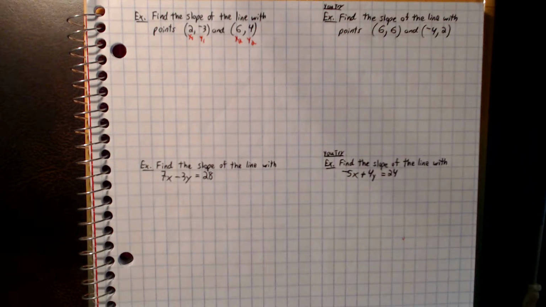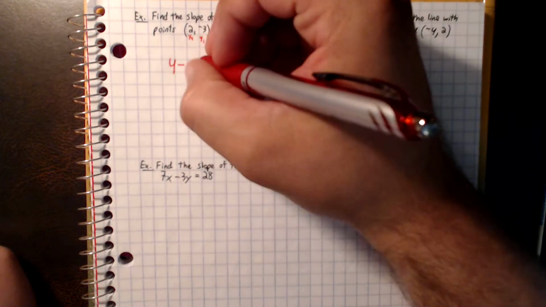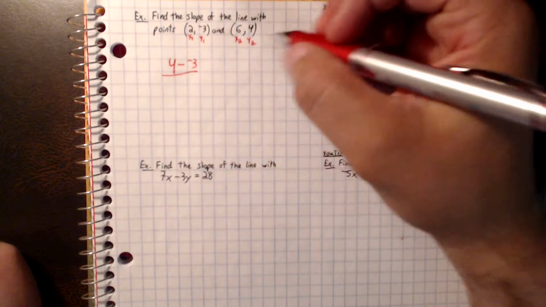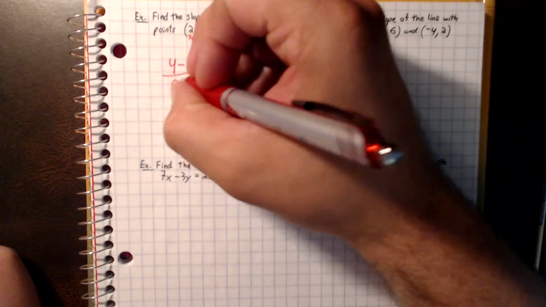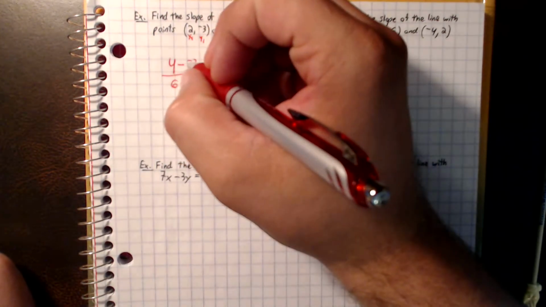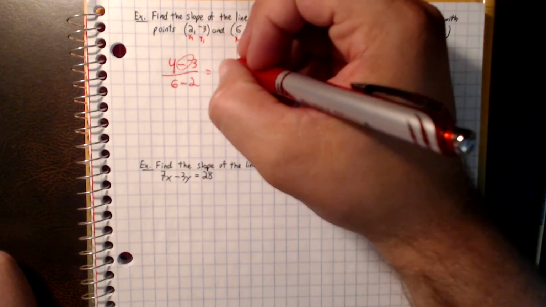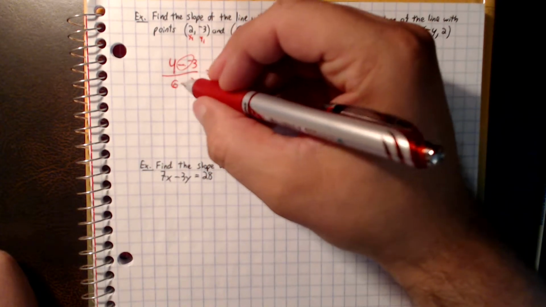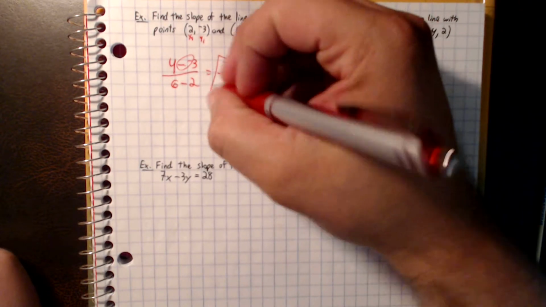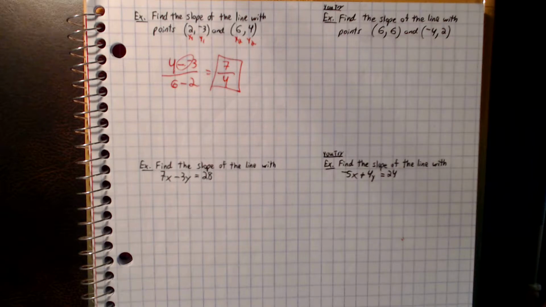It says take y2, which here is 4, subtract y1, which here is -3, and then we're going to do x2, which is 6, minus x1, which is 2. I have a double negative situation, which means it becomes addition. So 4 plus 3 is 7. 6 minus 2 is 4. So we found a slope here of 7/4.